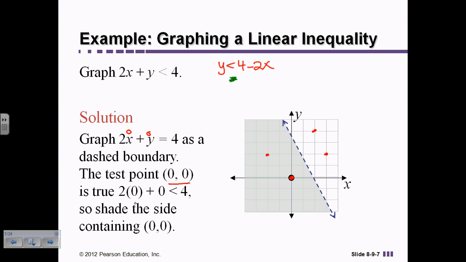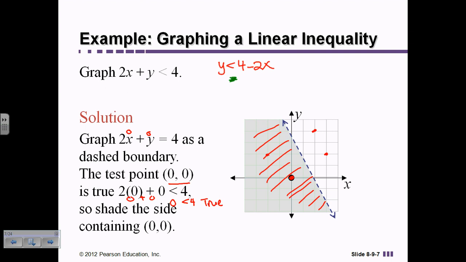So 2 times 0 is 0, plus 0 is 0, which is less than 4. So my question is, is 0 less than 4? And the answer is true. So that means that we want to shade on that side of the line where the 0 is located.